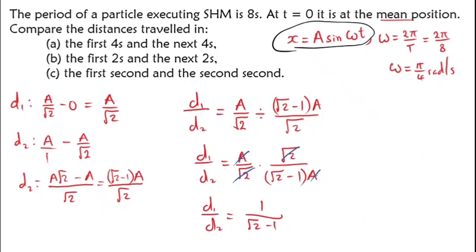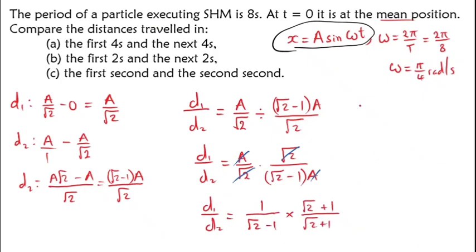So if we are to rationalize what we have, let's see what we obtain. Let's write this properly. The rationalization will work like this. We'll just find the conjugate, which is root 2 plus 1, again root 2 plus 1.